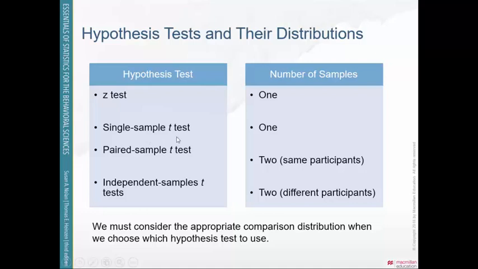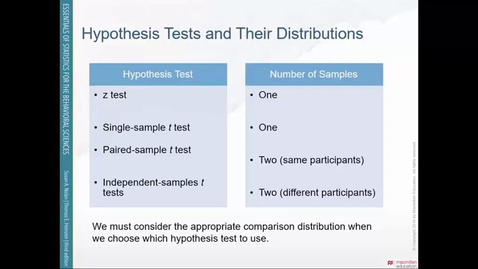And when you do that, the structure of the test is fairly much the same in that you have a population with a known or estimated mean. You take out one sample and treat that sample, and then you compare the sample mean to the population mean.